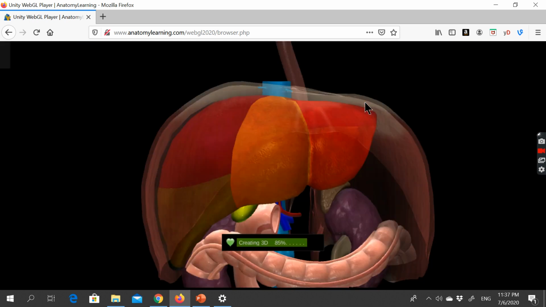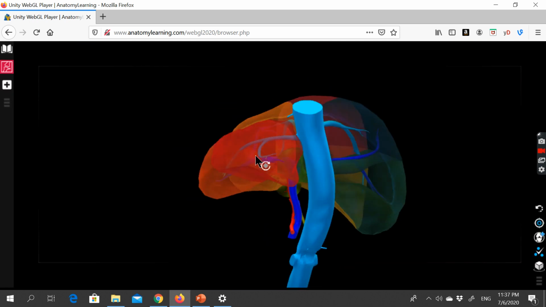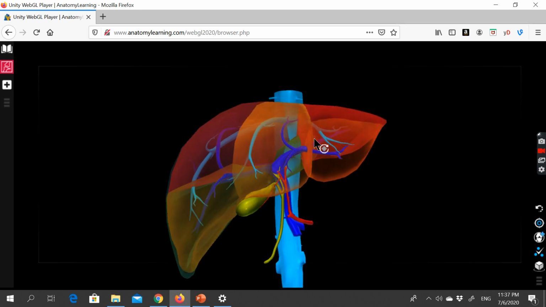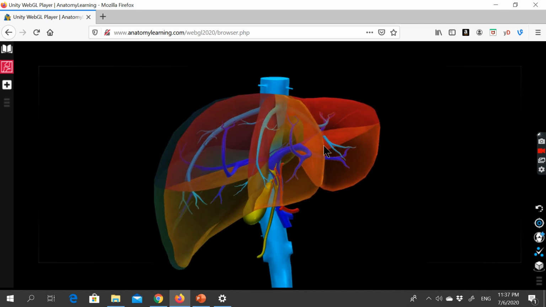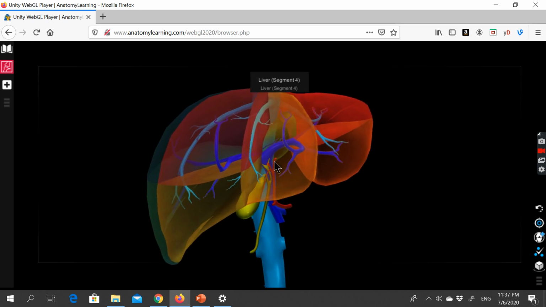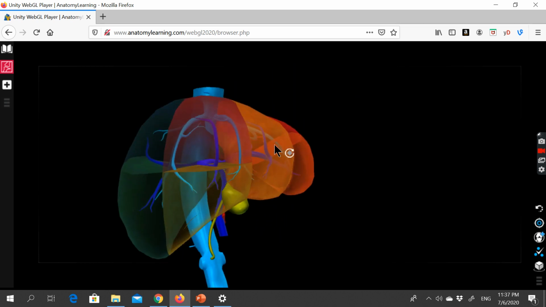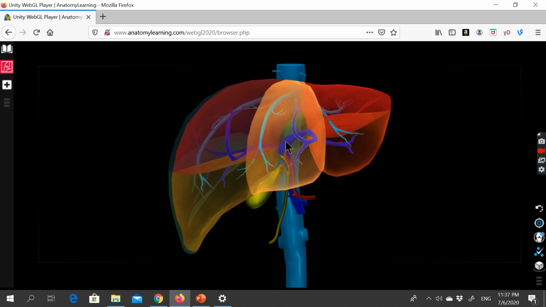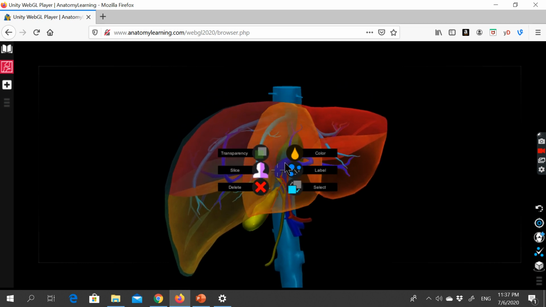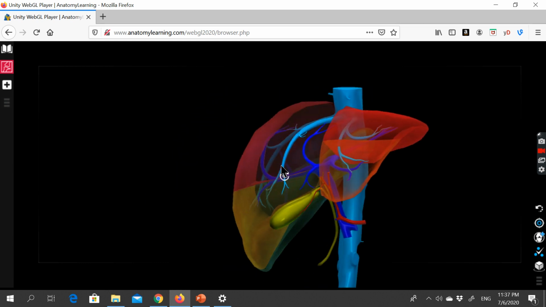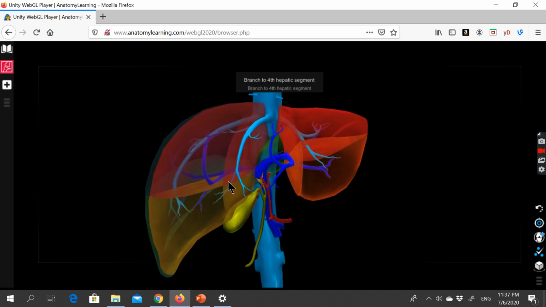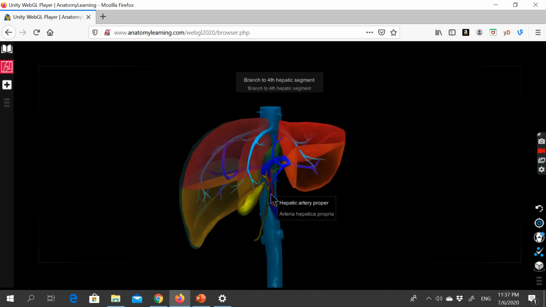So let's have a look at this one right here. It gives you a bit more of a translucent image, so you can see the blood vessels and how it connects. So let's remove this segment right here, move it away, and you can see there are different types of blood vessels.